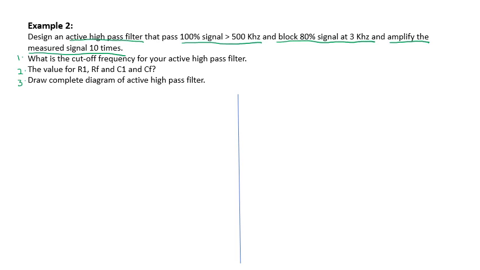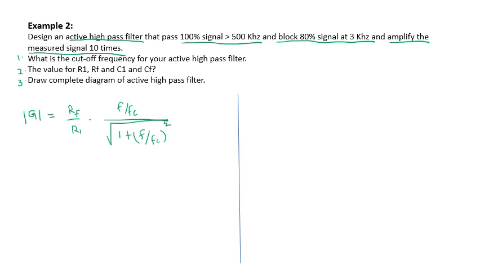Similar to the first example, we're going to solve the gain using the equation for the active high pass filter. You should remember this equation: 1 plus f over fc, squared.